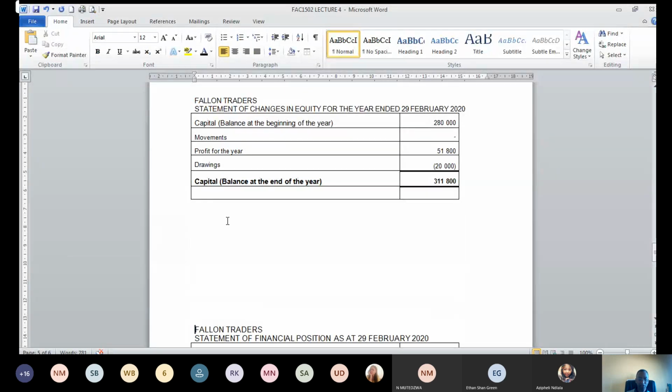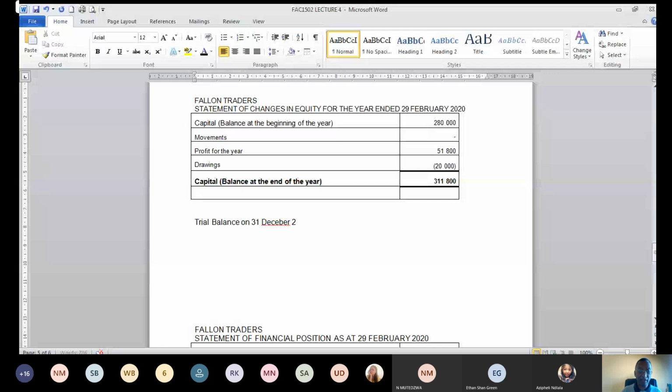Coming back to Timothy's question, I'm going to give you an example now of what happens if we do have movements. The first set of information is a trial balance on the 31st of December 2019, which is the end of the financial year.